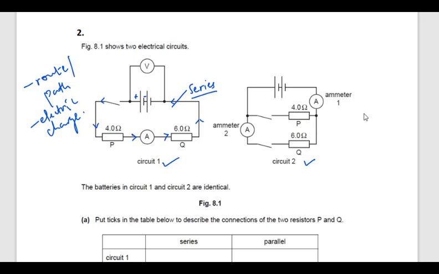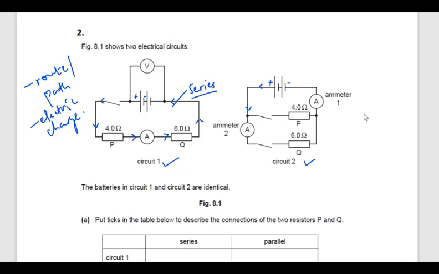Okay, let's come to circuit 2. We also assume that all the switches are closed. Now we know that conventional current flows from the positive terminal of the battery to the negative terminal. So this continues to flow in this way. But on getting to this junction here, the electric charge has two routes to flow through.